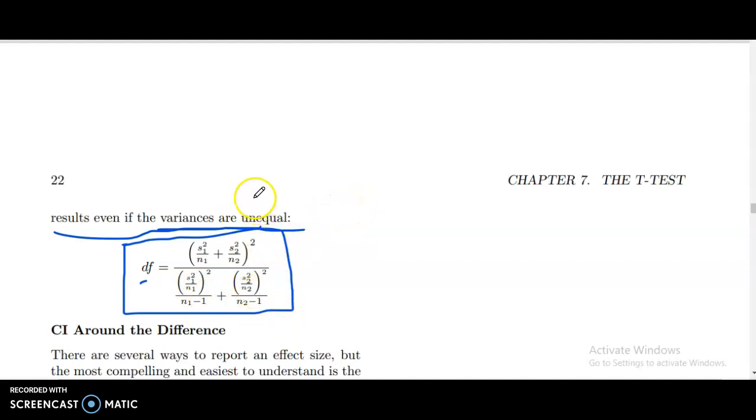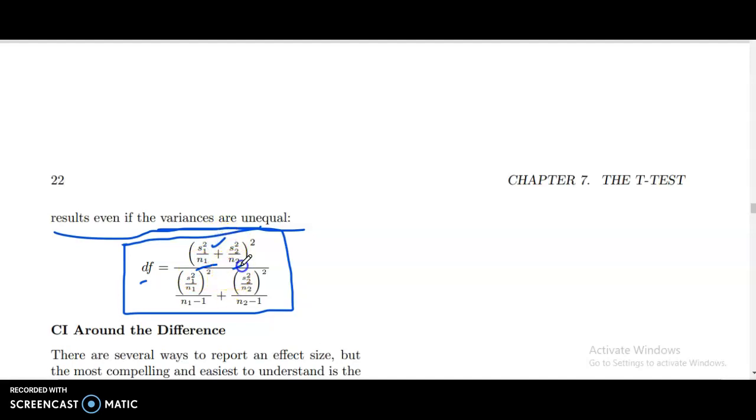If the variances are unequal, what we do is, for n1 take the corresponding s1 square divided by n1, and s2 square divided by n2. The square is for scaling purposes. For this much n1, how much s1?